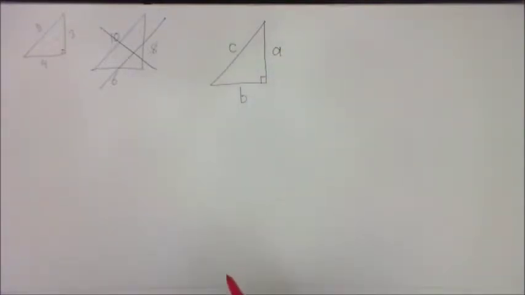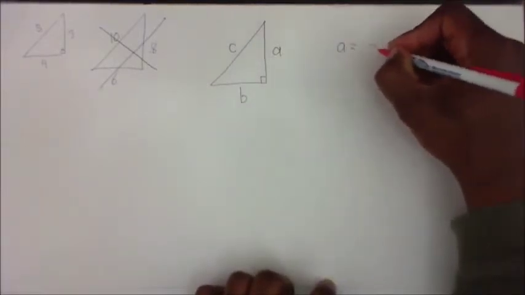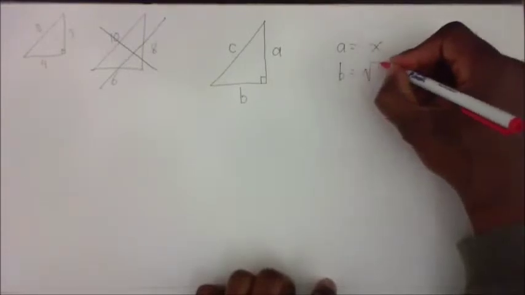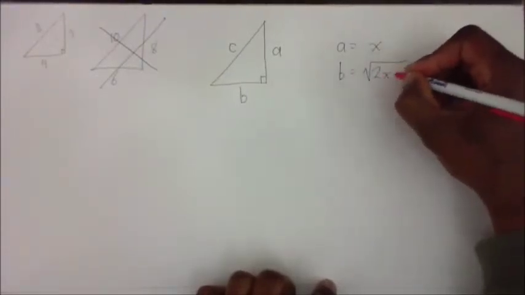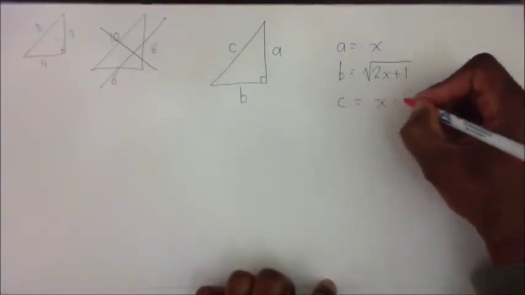Now what we're going to do is slightly different. We're going to let A equal x, B equal to the square root of 2x plus 1, and C equal to x plus 1.